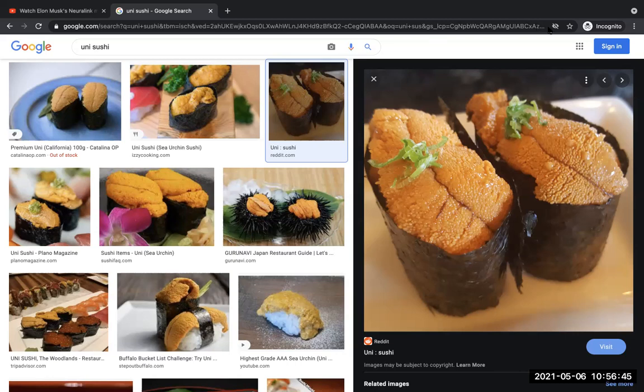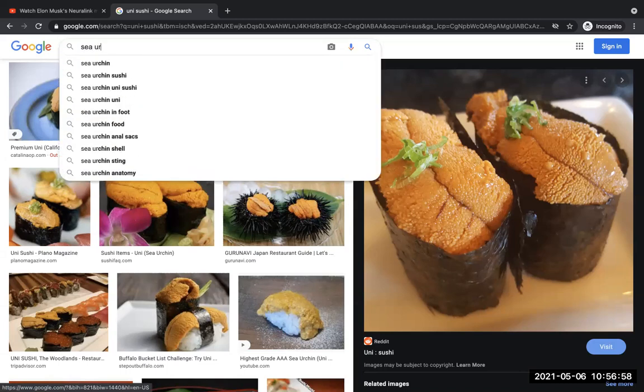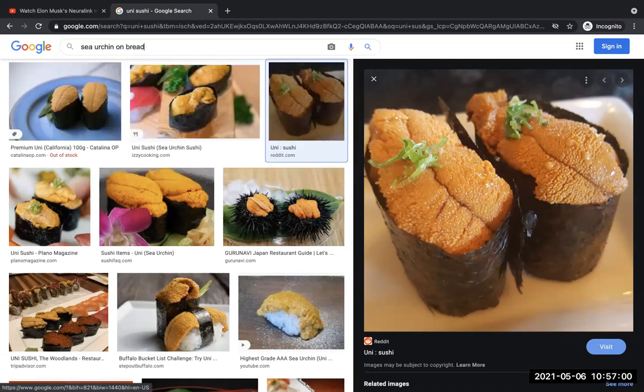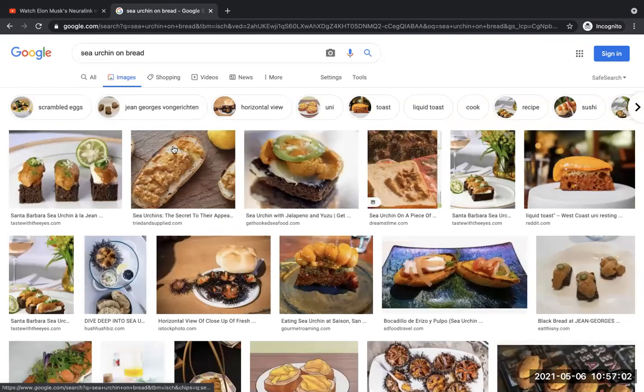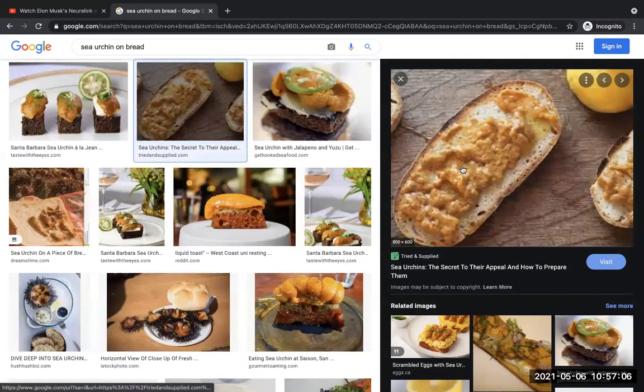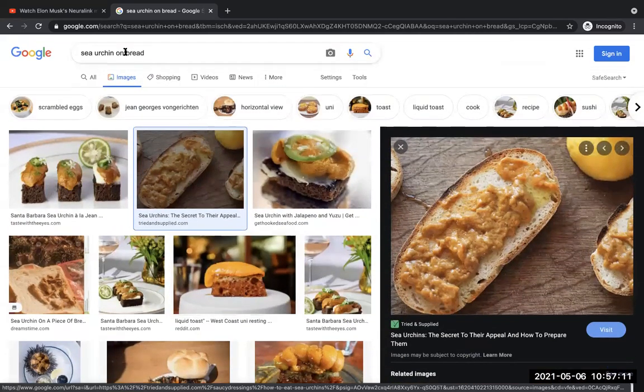You guys had this? No? Okay, and in terms of Westerners, you can just put sea urchin on bread. This is pretty common food. You can just put some sea urchins on bread and eat it like that.